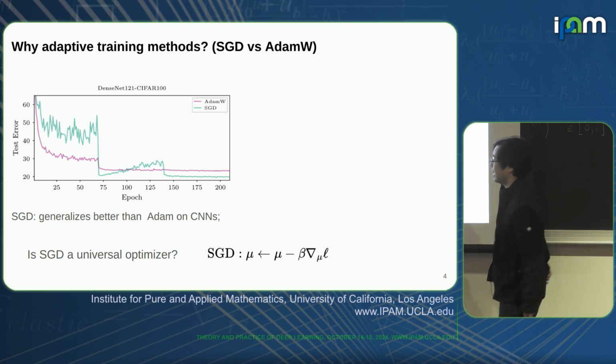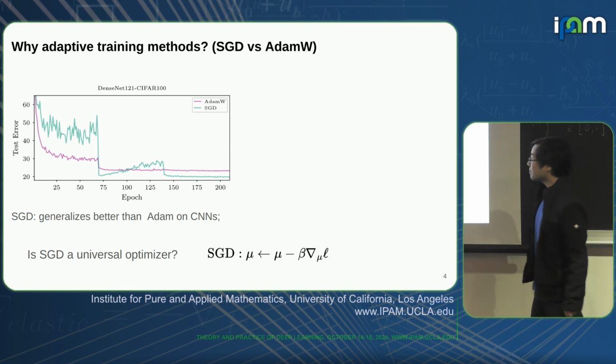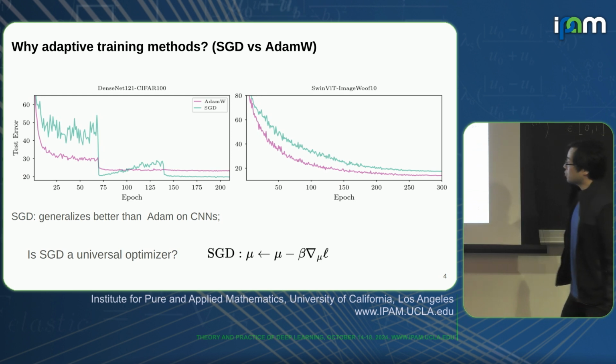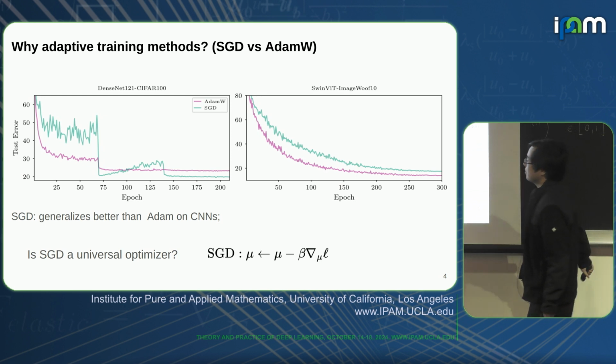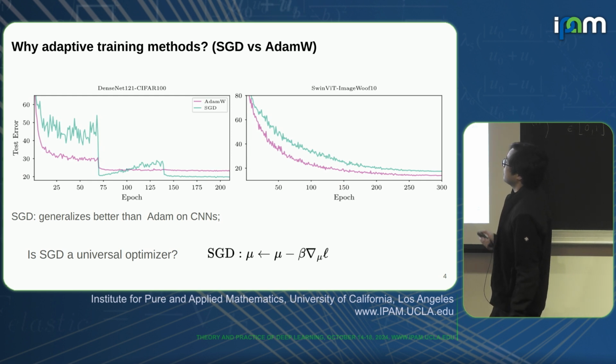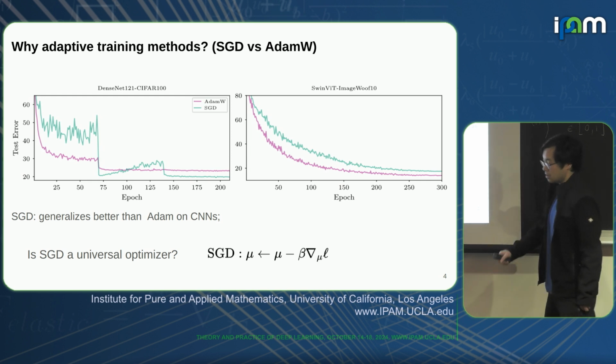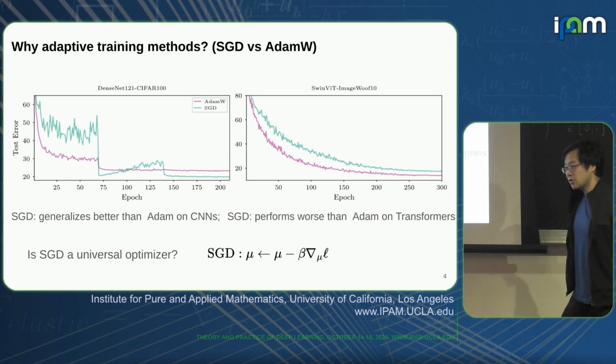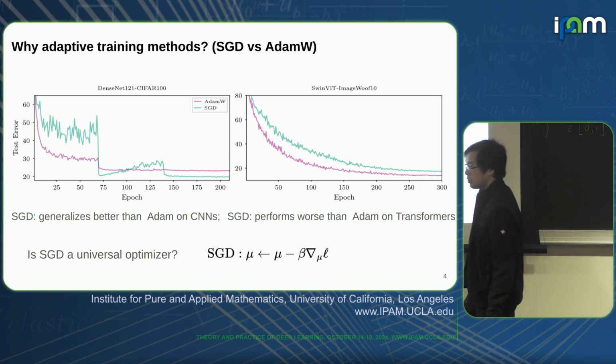So it generalizes better than AdamW on convolutional neural nets. But if you look at modern architectures, such as transformers, AdamW basically outperforms SGD. So as you can see from these results, clearly SGD is not a universal optimizer.